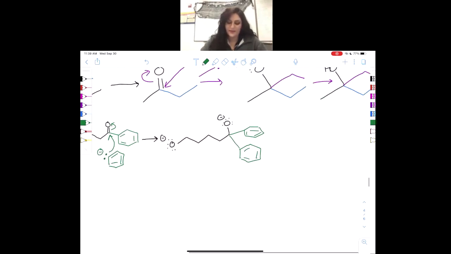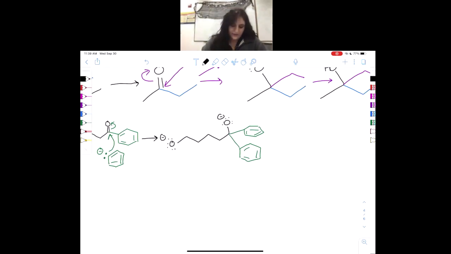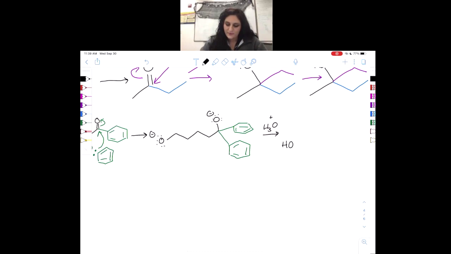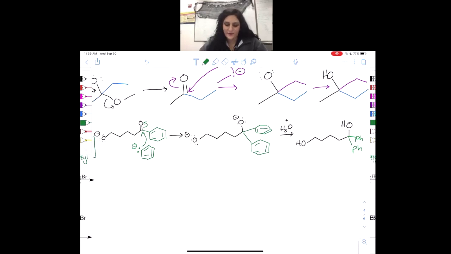And then the next step, I guess I'll draw it out again. So in the next step, we're going to use H3O plus to protonate both of those O minuses. And I'm just going to write Ph because I don't want to draw them again. So again, Ph means phenyl.